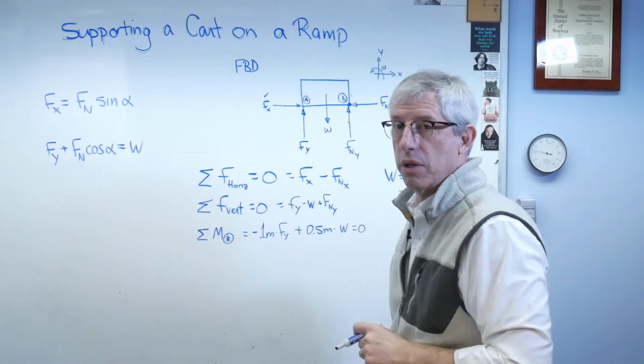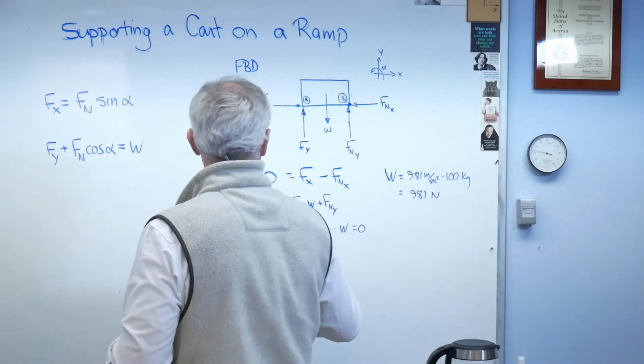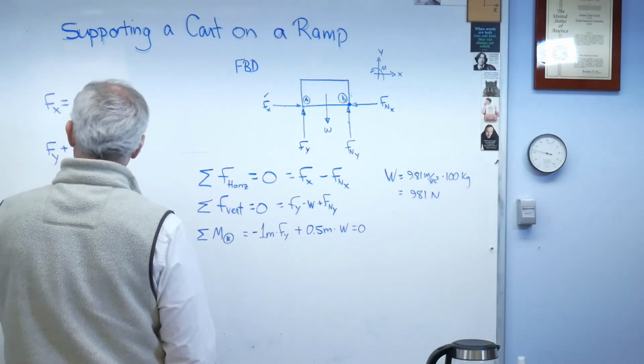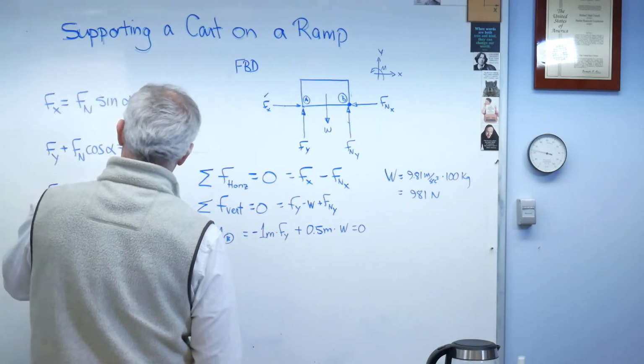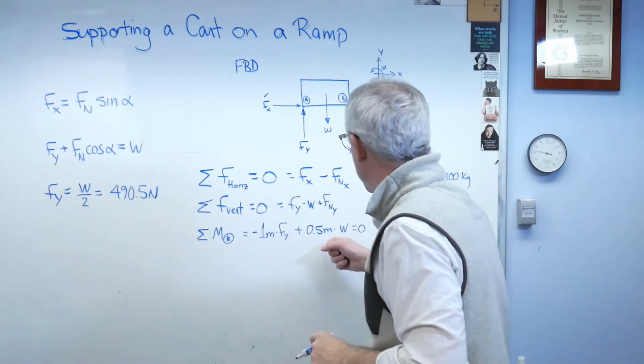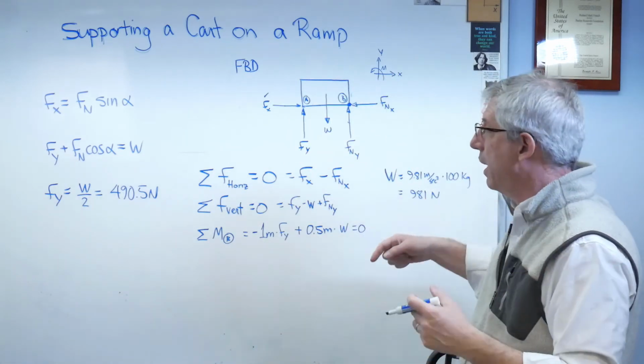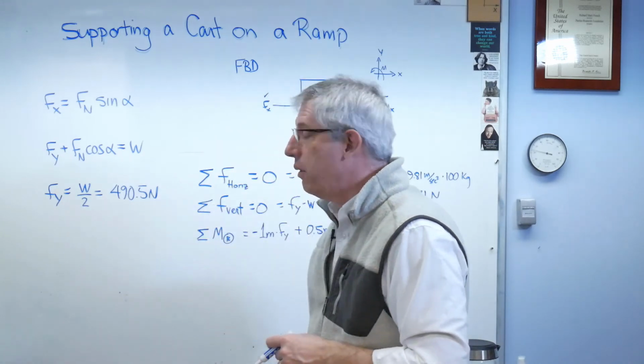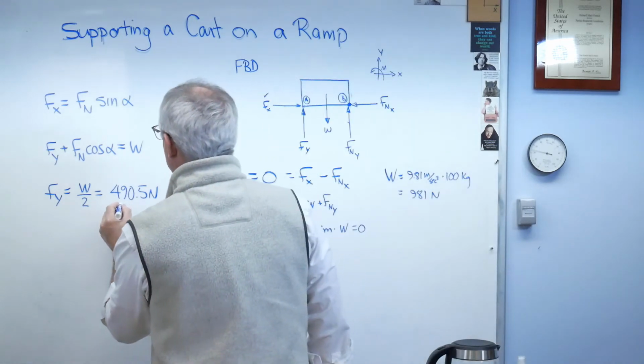Okay, there's my next equation. And my last equation here. Because W is 981, half of that is 490.5. There's that half right there. So Fy equals that. So I've already solved for one of them.